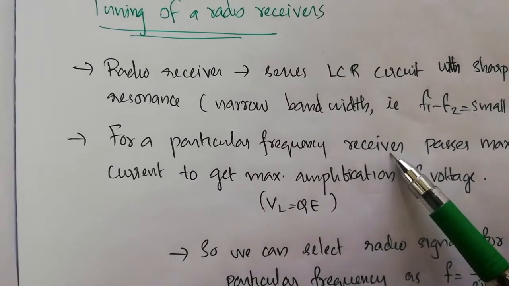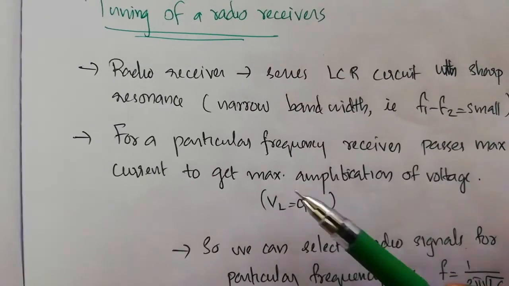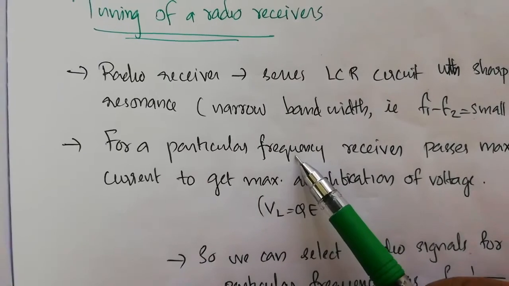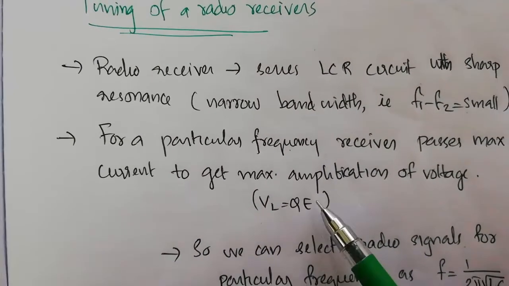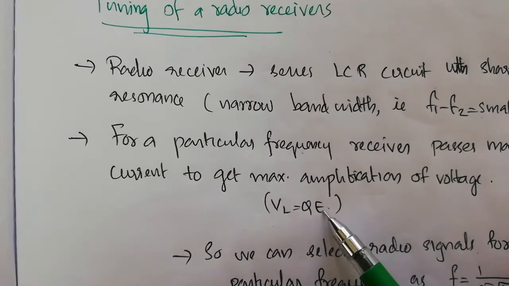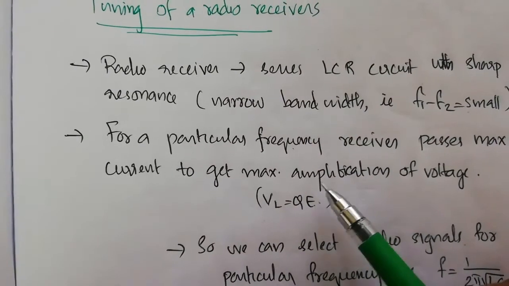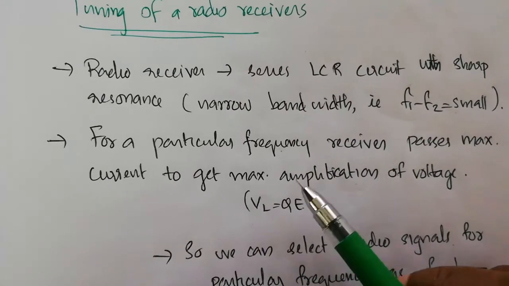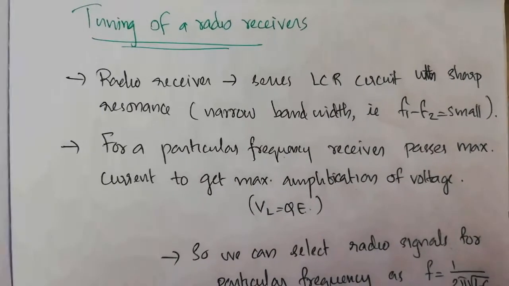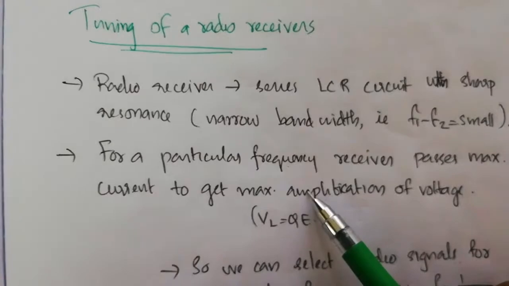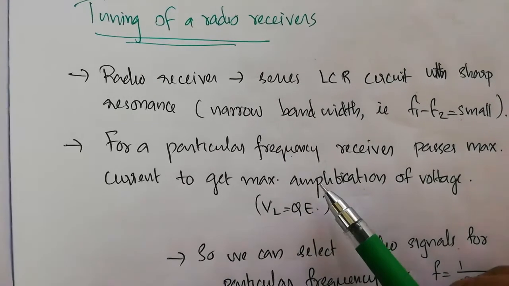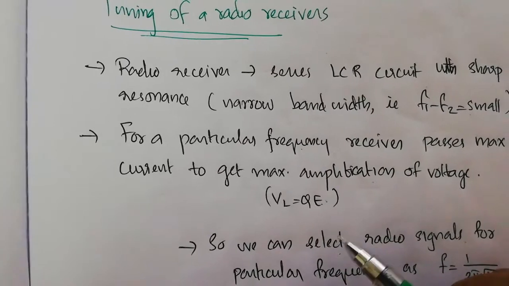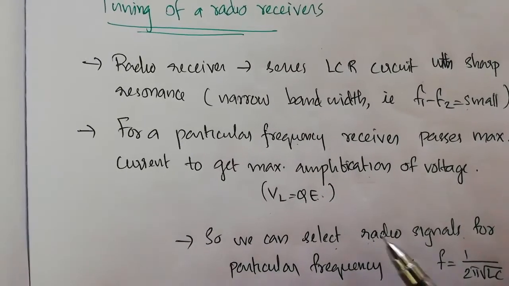So, the receiver circuit passes a current to get the maximum voltage amplification for a particular frequency only, and not for a range of frequencies. So, this can be used to select radio signals from the receiver circuit.